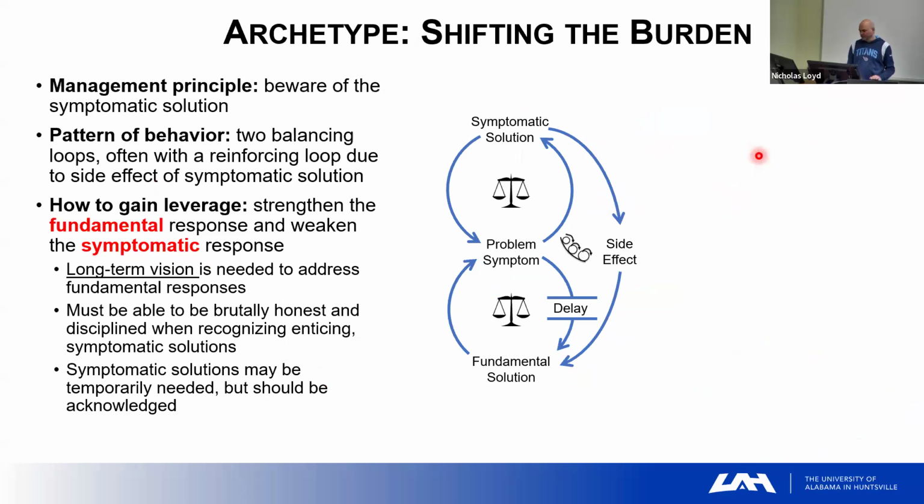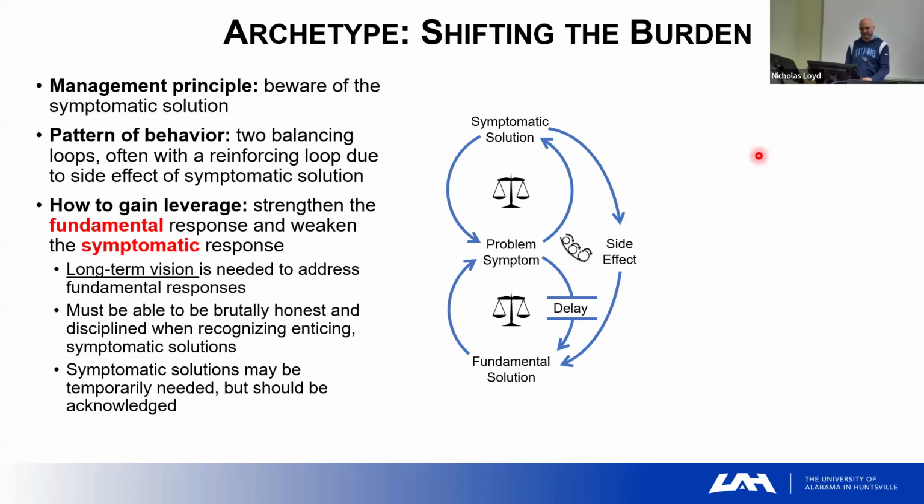And the other major archetype that was discussed was shifting the burden, which is two balancing loops. It was the difference in a problem symptom, but then two types of solutions. One is a symptomatic solution, the quick, easy fix.